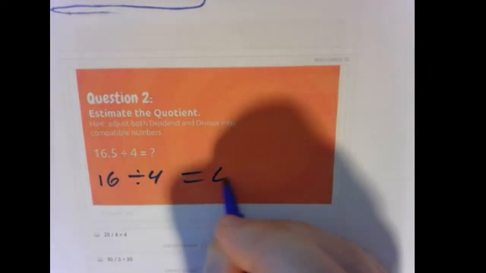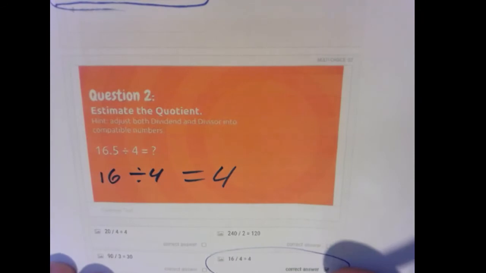And 16 and 4 are compatible numbers. 16 divided 4 ways would be 4. So in estimating, there's not always an exact science. There are strategies. It's a little bit of an art. What would be a reasonable number or estimate to turn that into is what we're looking for.